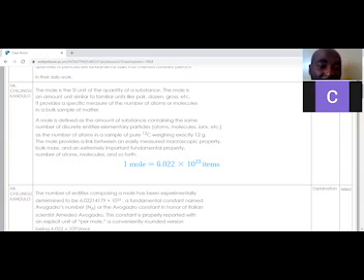So now, it contains the same number of elementary particles or discrete entities. Discrete entities, which are atoms, molecules, ions, electrons.